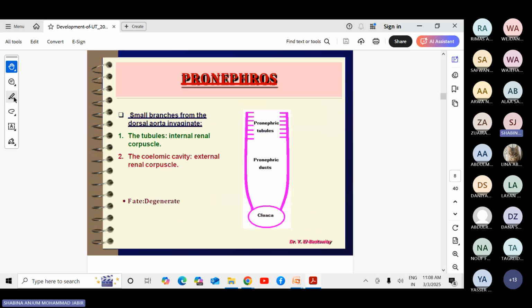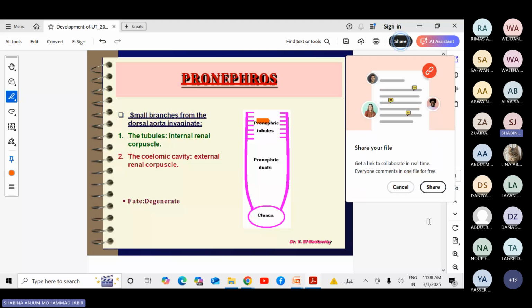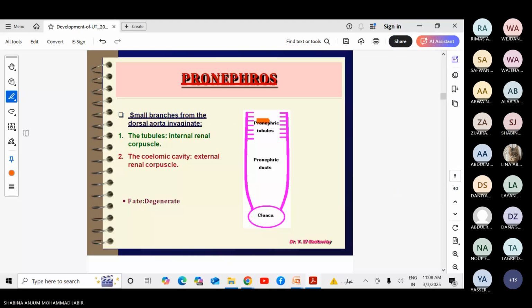So this is the pronephric duct. What I want to show you here is the two ends: this is the medial end and this will be the lateral end.